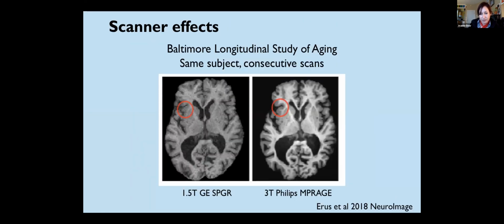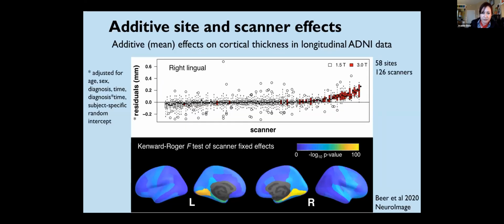What can happen in downstream analyses, if we're extracting, let's say, cortical thicknesses from images, and this is an example from ADNI data, is that we see additive effects, so shifts in the mean across the scanners, after adjusting for known biological variability.